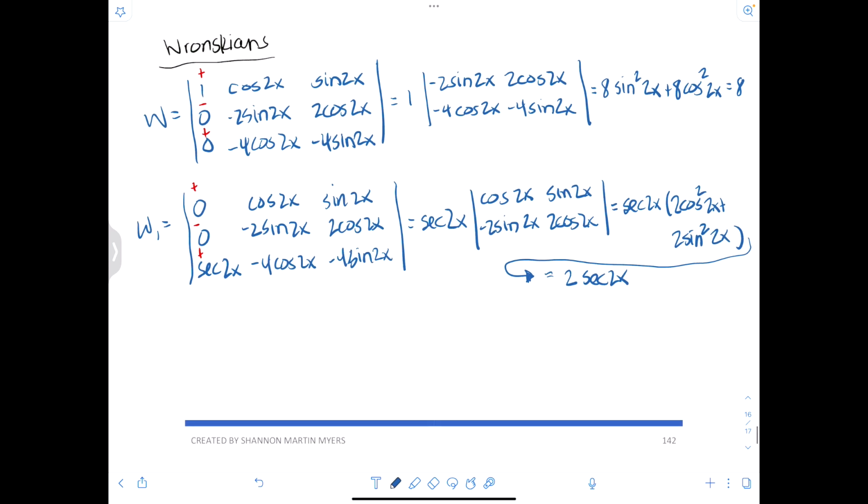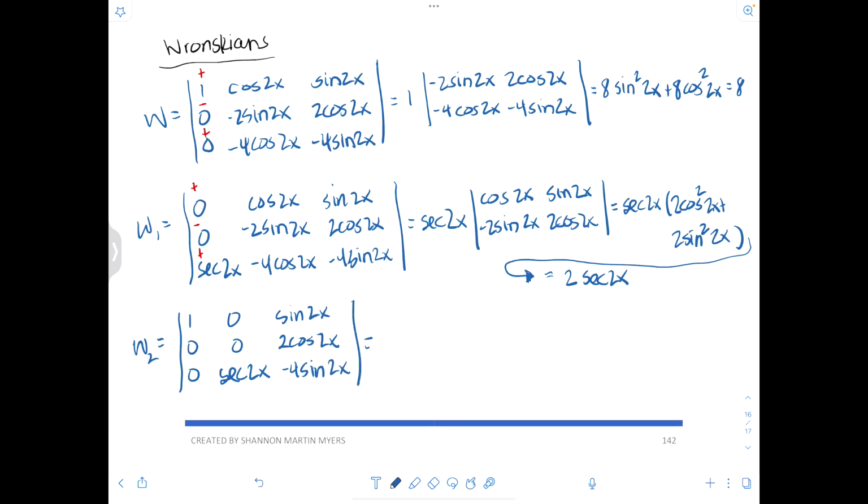All right, and then W2 will be 1, 0, 0, and then replacing with 0, 0, secant 2x, and then sine 2x, 2 cosine 2x, and then negative 4 sine 2x. And then expanding again about our favorite column here.